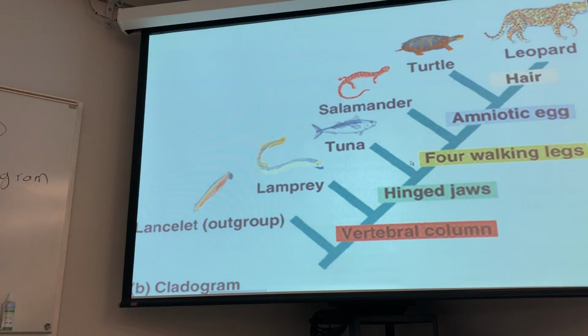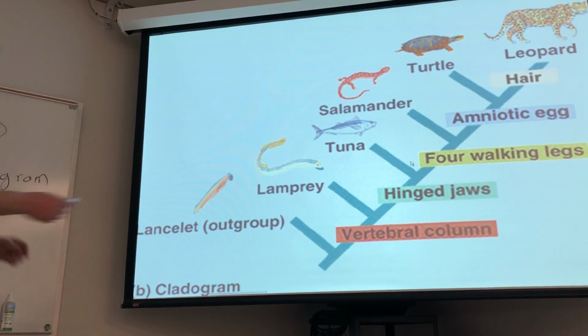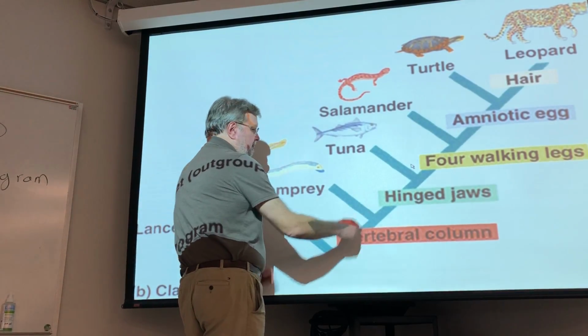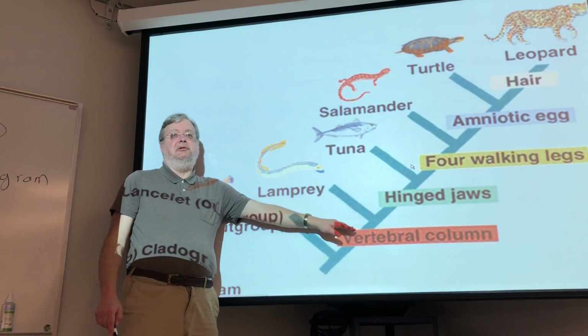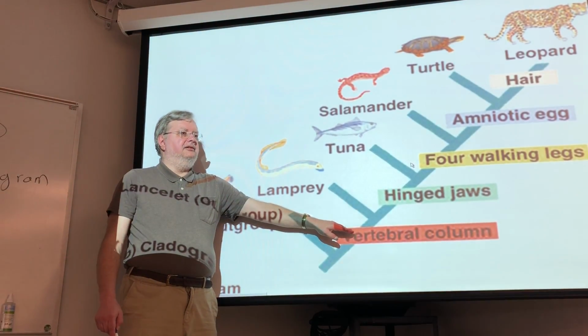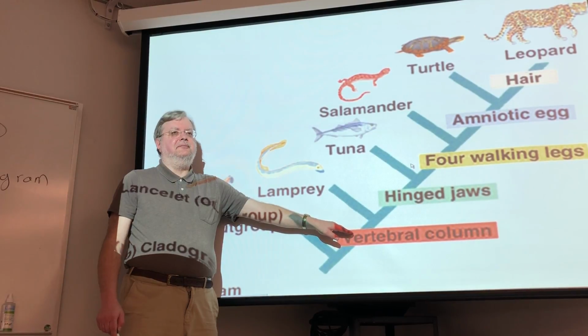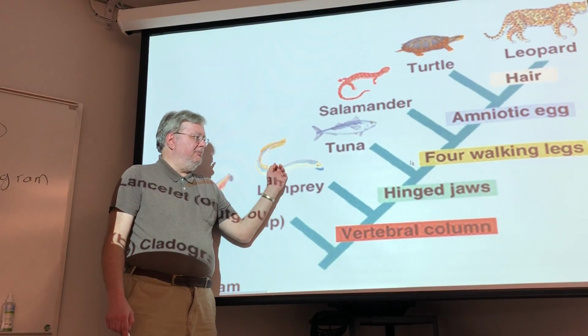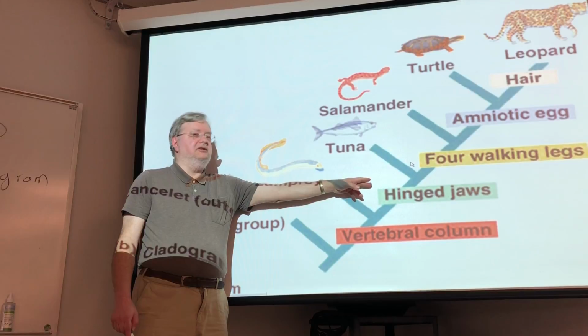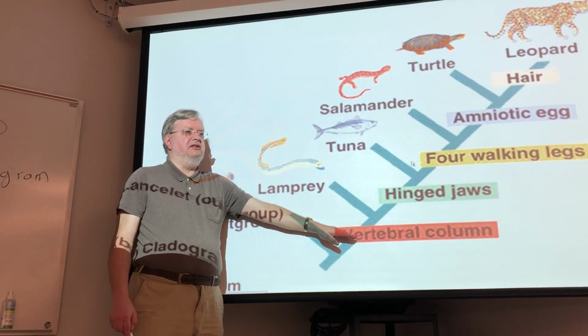Do leopards have vertebrae? Yeah. That means that if you're at this node, what does the vertebrae become? It's a homology, but what type? It's plesiomorphic. It's present in lampreys and this other clade, so it must be a plesiomorphy.